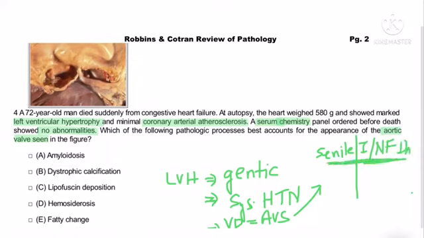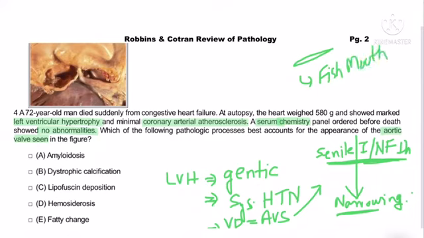These two conditions can lead to narrowing of the orifice of the valve, and that narrowing, if severe, appears like a fish mouth. So fish mouth appearance, or aortic stenosis, can lead to development of left ventricular hypertrophy.